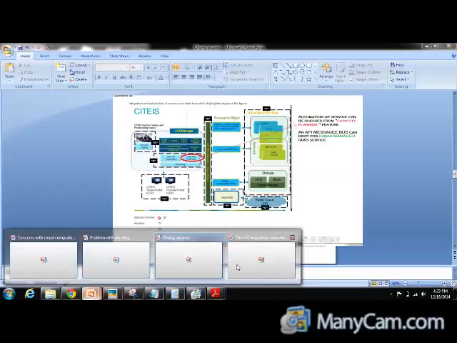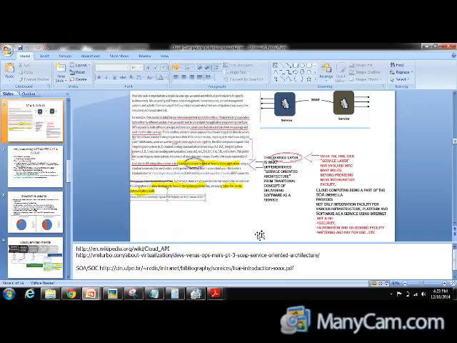Why? Because as I showed you over here, this service layer which is being provided initially as an integration of various applications, and now it has evolved into cloud computing.